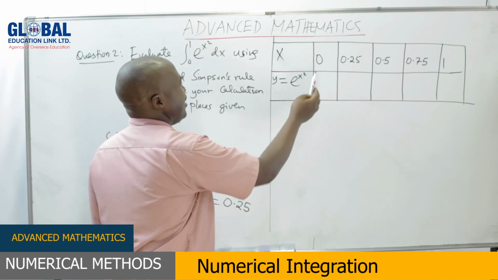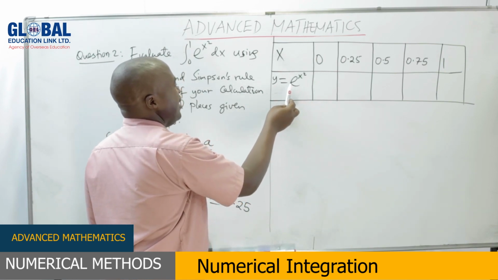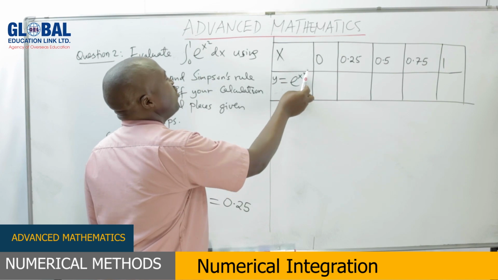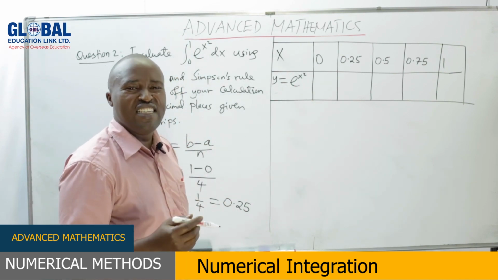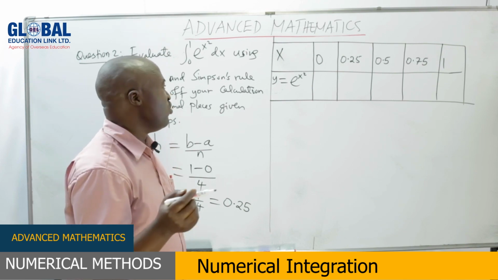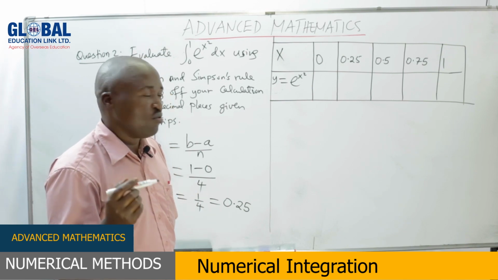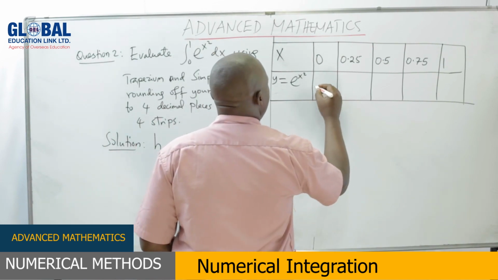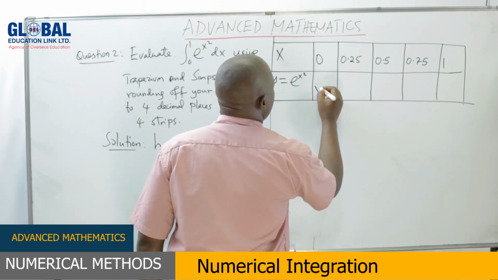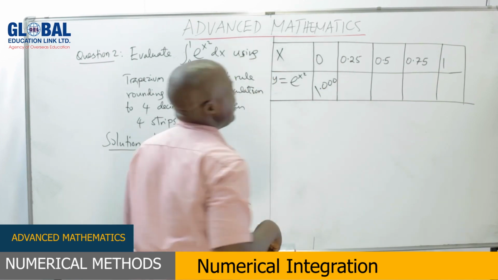So we just take 0. That is e raised to 0 squared. E raised to 0 squared is the same as e raised to 0, or e power 0. So e power 0 in this case, we are going to have 1. You can put in decimal places, maybe you can add zeros.